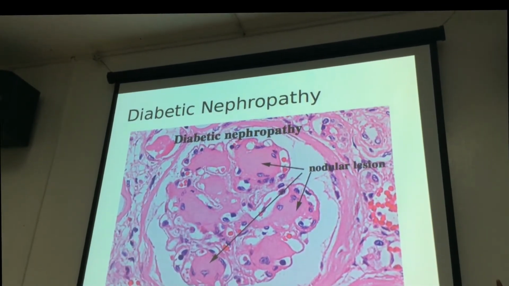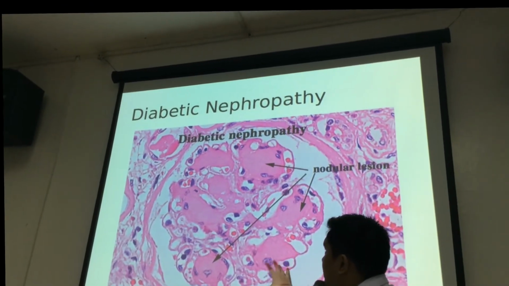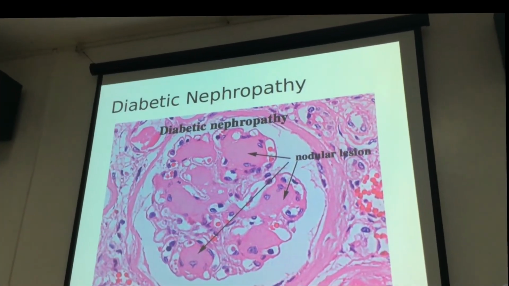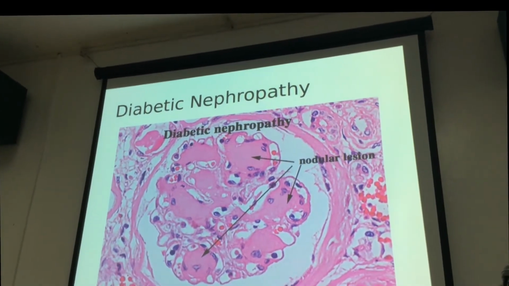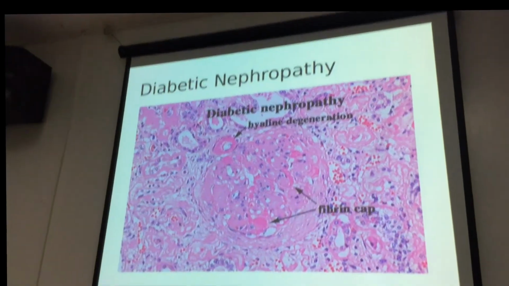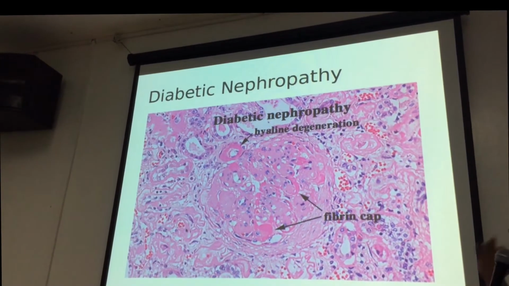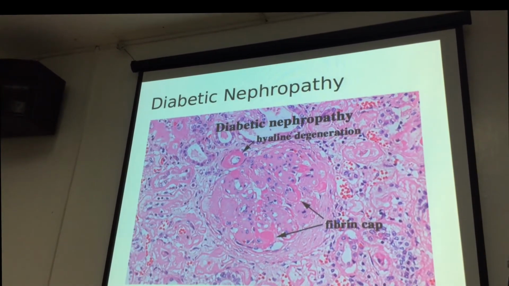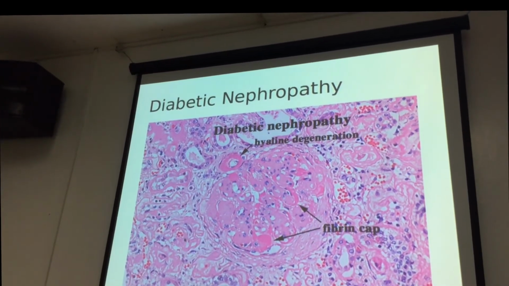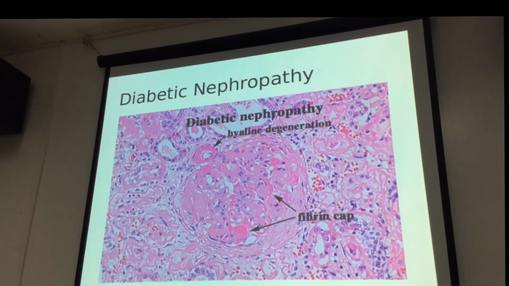Now, in diabetic nephropathy, not only are you going to observe the damaged glomerulus or glomeruli, you also have to watch out for cellular changes or histologic changes in the adjacent blood vessels, because some of the blood vessels will also undergo hyaline degeneration as well as sclerotic changes.